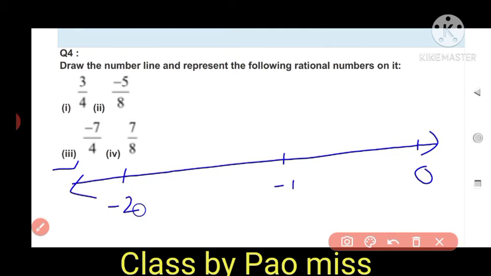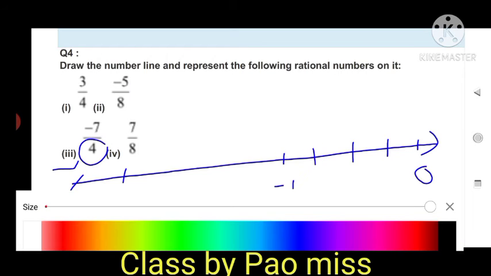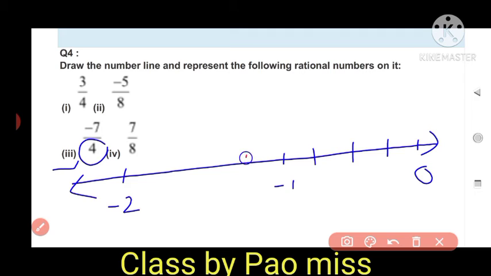Now here you have to divide. What is the denominator here? The denominator is 4. That means from 0 to 1 unit you have to divide into how many parts? 4 parts. You have to divide this into 4 parts like this.